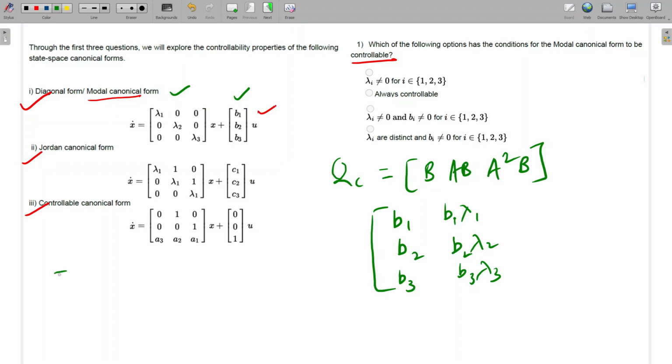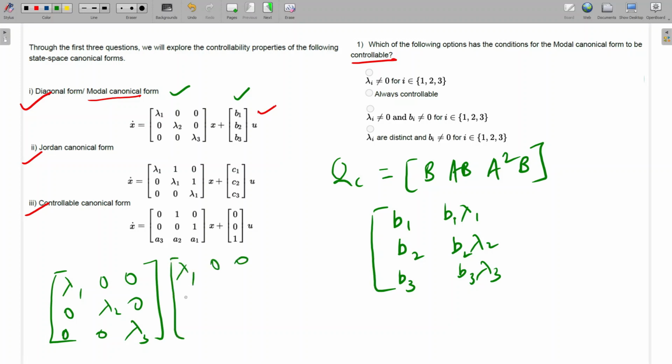So what is A squared? A is lambda 1, 0, 0; 0, lambda 2, 0; 0, 0, lambda 3.